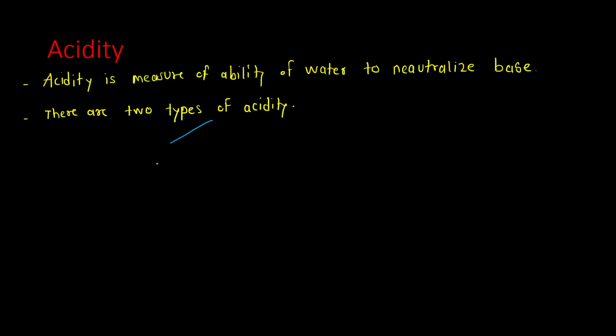The first one is called mineral acidity, and the second one is called carbonic acidity, also called CO2 acidity, carbon dioxide acidity.